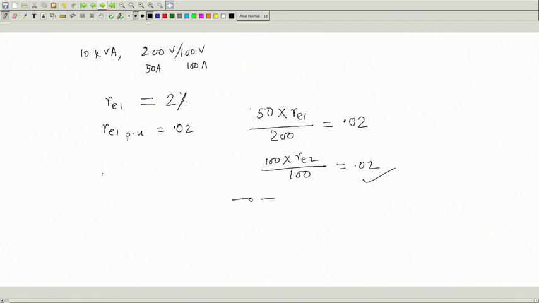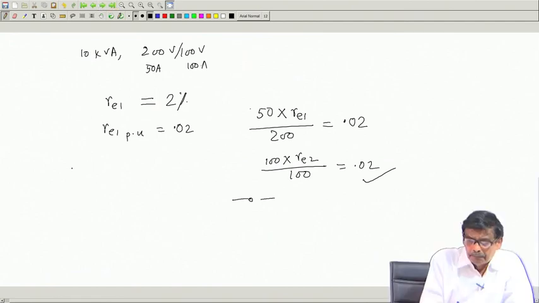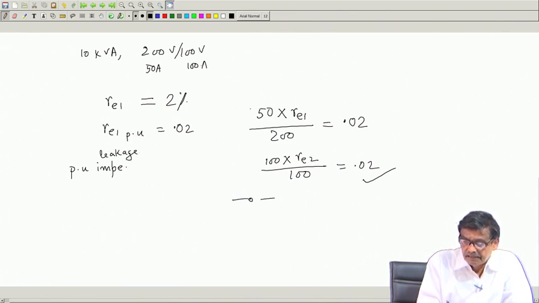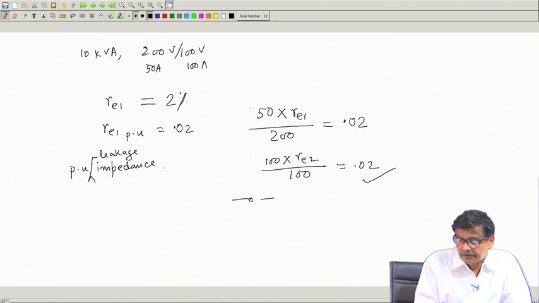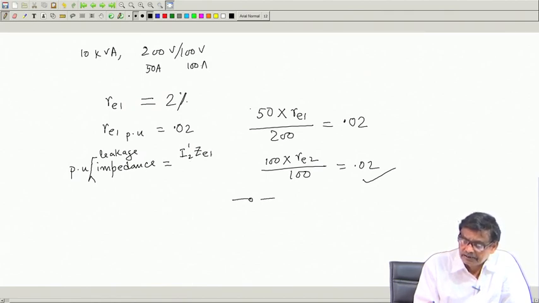Extending this, you can also say per unit leakage impedance of the transformer can be written as I2' or I1, because no load current is neglected, into Z E1 magnitude, by V1.